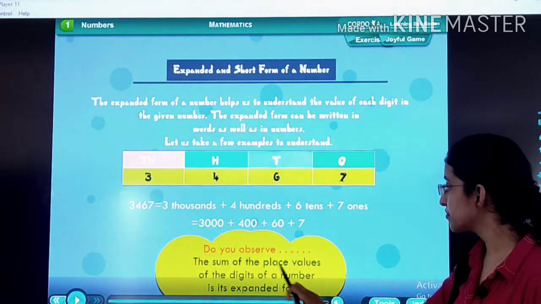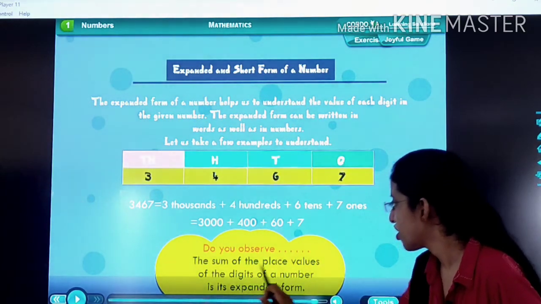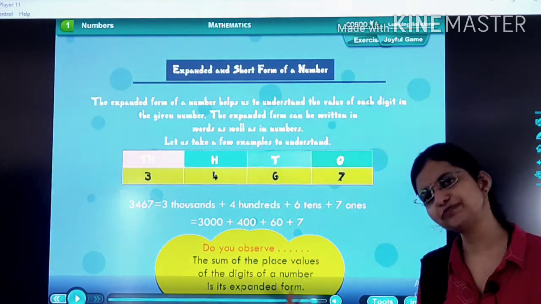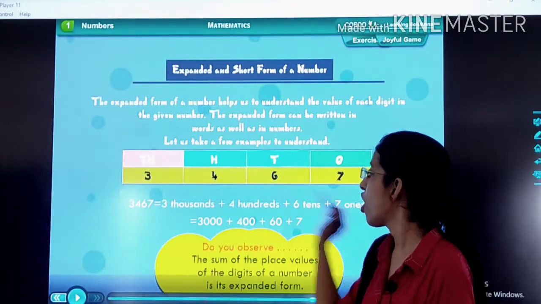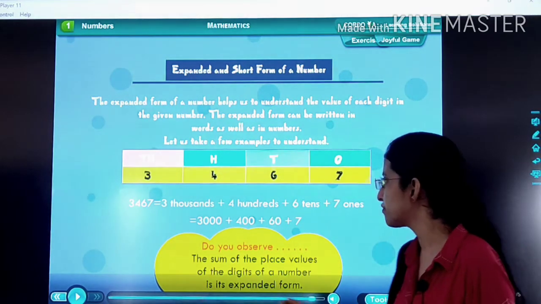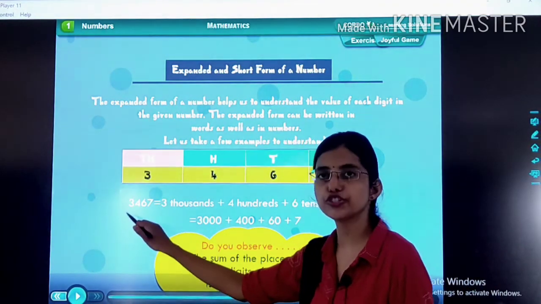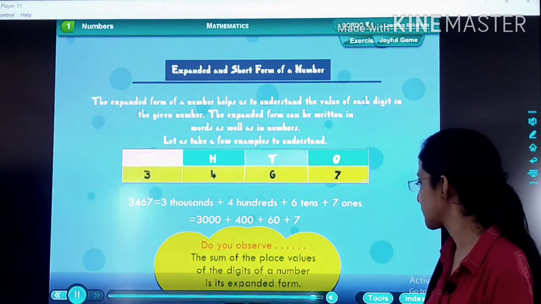Do you observe, the sum of the place values of the digits of a number is its expanded form? ये इन सब की place value है और हमने इन सब को add कर दिया है, वो होता है expanded form. And this is our short form, or we can say it is a reduced form.